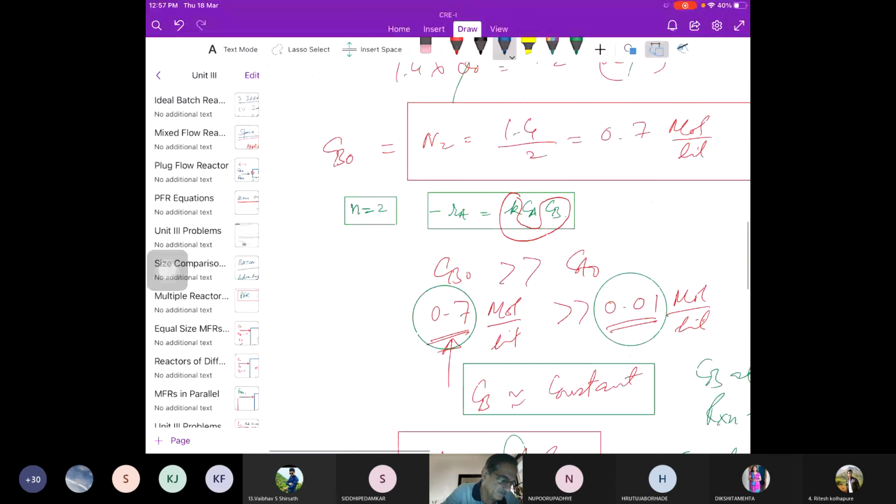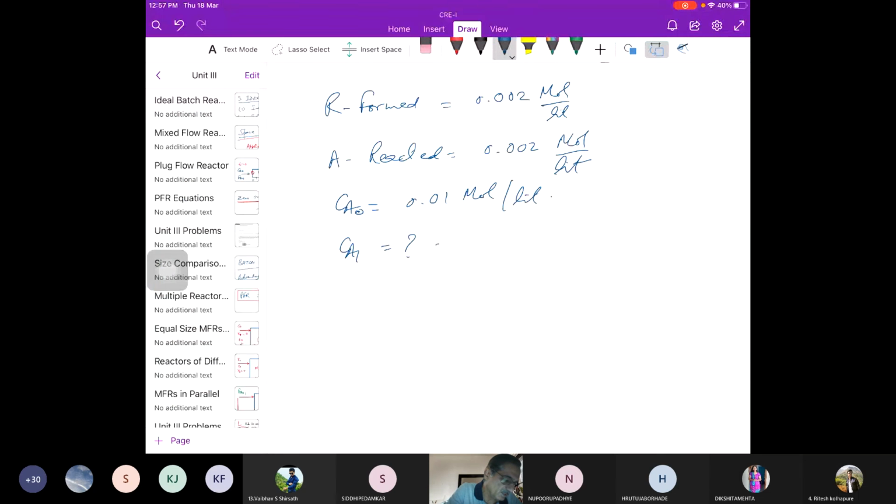Ca1 is nothing but Ca naught minus Ca reacted. 0.008.